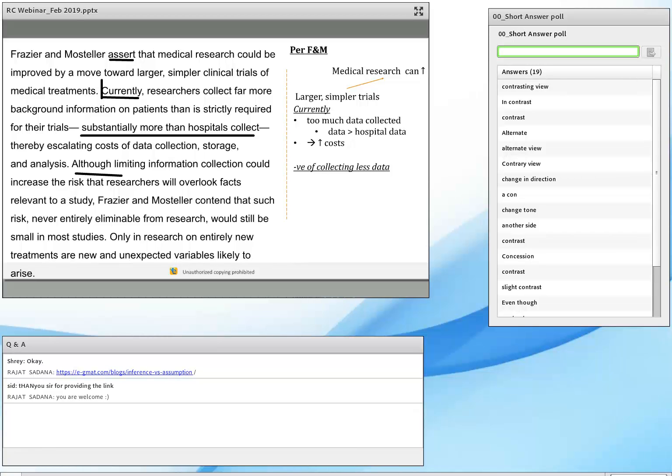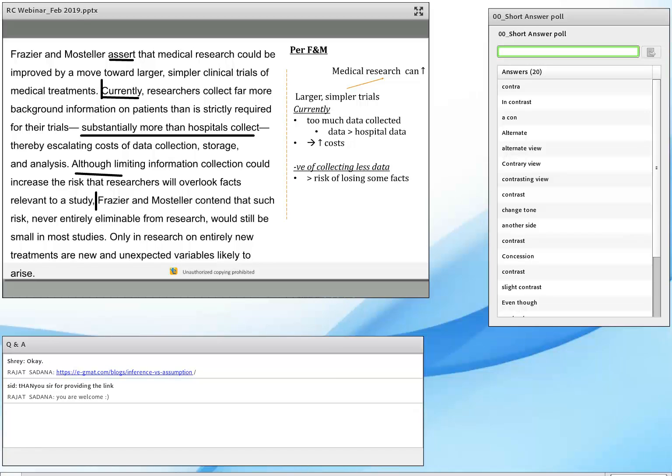Although limiting information collection could increase the risk that researchers will overlook facts relevant to a study. So pause here, it's a natural pause point. Although limiting information collection could lead to some downside. What is it? Risk of losing certain facts.